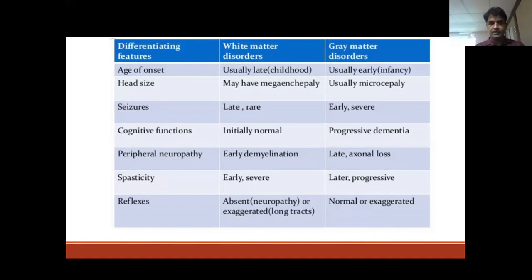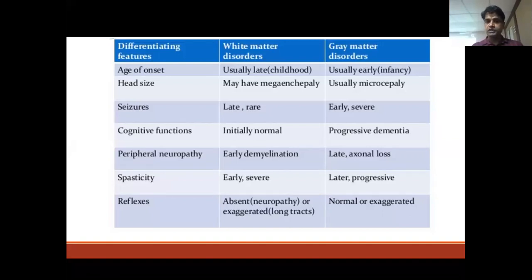Seizures are late or rare in white matter disorders, and in gray matter disorders they are early and severe. Cognitive functions are initially normal in white matter disorders, but in gray matter there could be progressive dementia. Although these features can overlap, the predominant signs are one, but later on the other could set in.